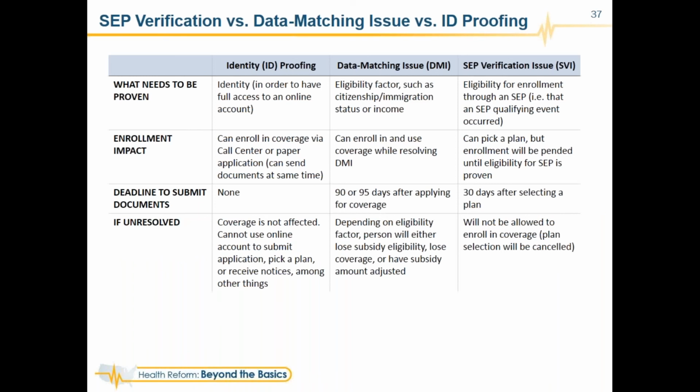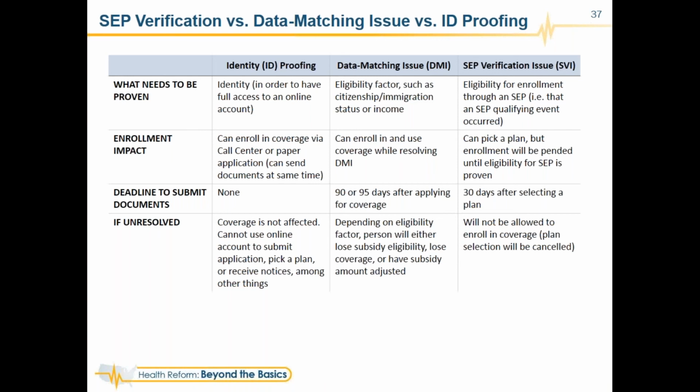Some consumers will have to send in documents to prove identity, others will have to send in documents to resolve a data matching issue related to either income or citizenship or immigration status, and some will get requests to submit all of the above. Yikes. So let's go through each of these categories just to review what they are and how they're different from one another and what the consequence is of not resolving them.